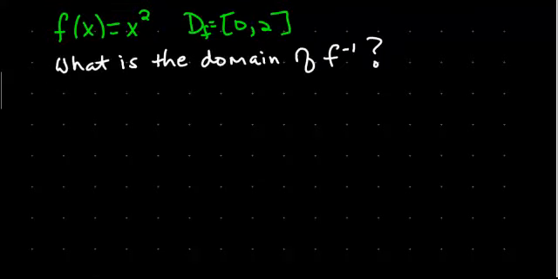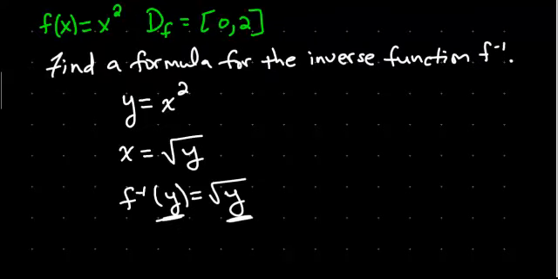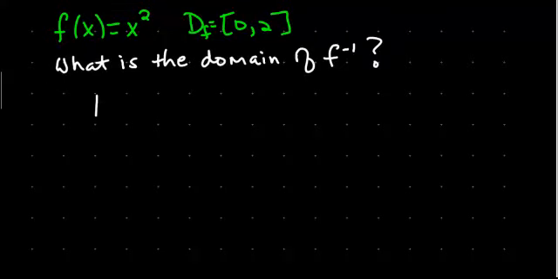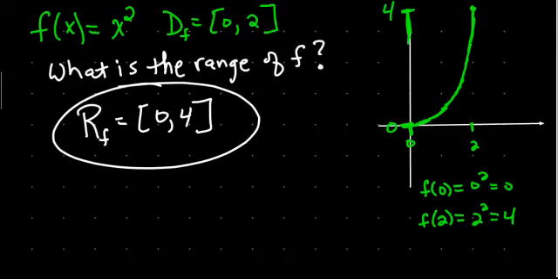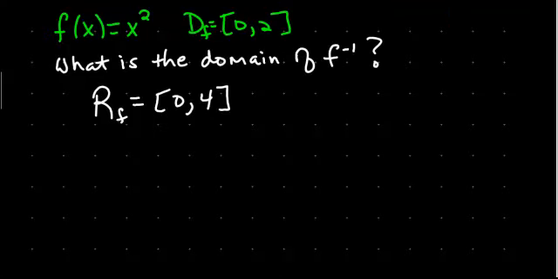So I think this will be my next question. What is the domain of f inverse? So we know that the range of f equals 0 to 4. That was from the first problem, where we found the range of f. So now we know the range of f is 0 to 4.